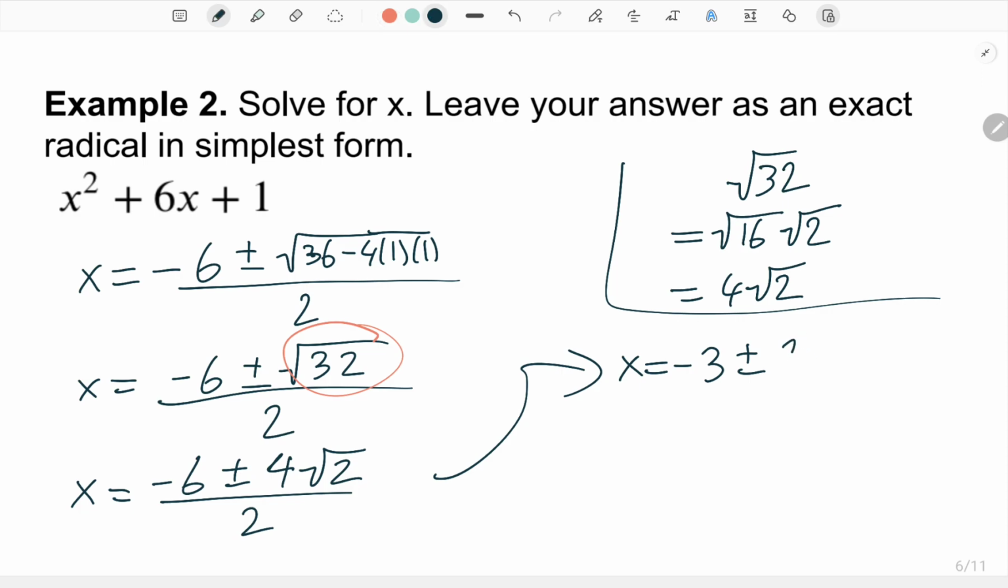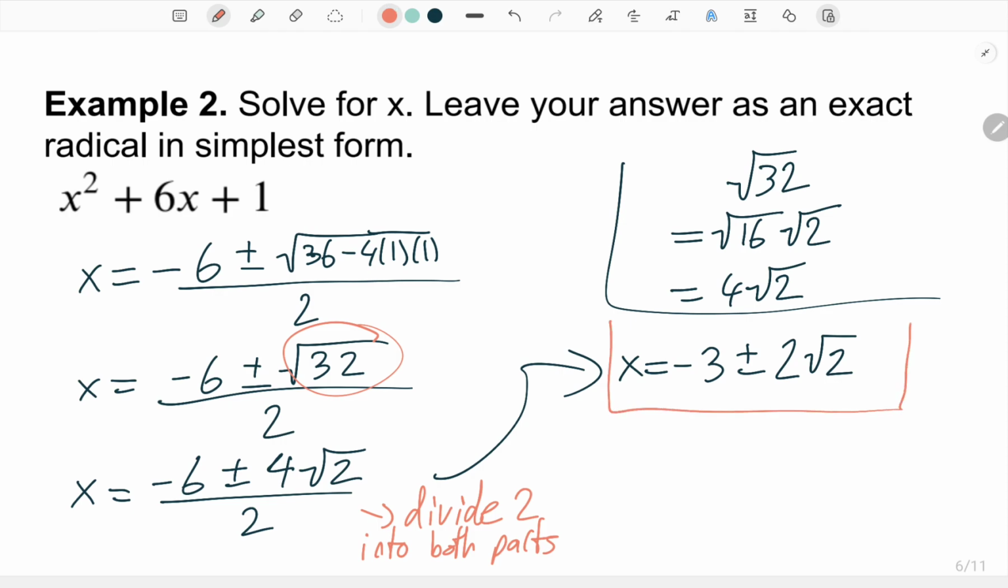Well, that's just 2. So negative 3 plus or minus 2 root 2. I'll just add a note here: divide 2 into both parts. And there we have it. This is our final answer. And then you could look at it, of course, as the positive answer and the negative answer. But that's simplified in the simplest way.